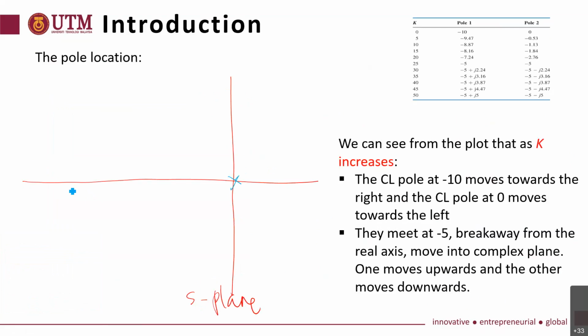When K is 0, the poles are here: minus 10 and 0. When we change K to 5, it goes here: minus 0.53 and minus 9.47. Here, I should change the color for a different K.